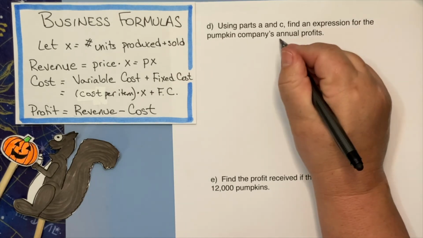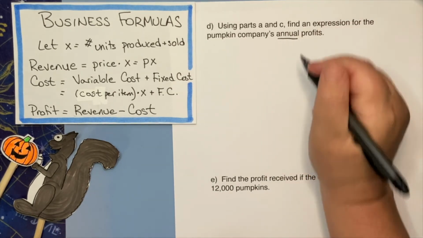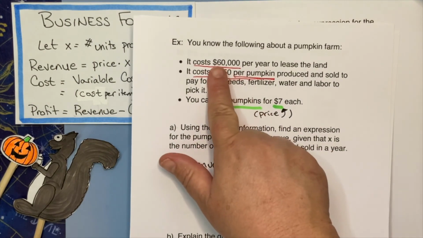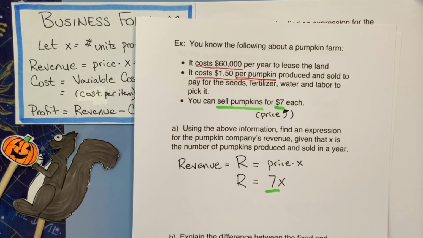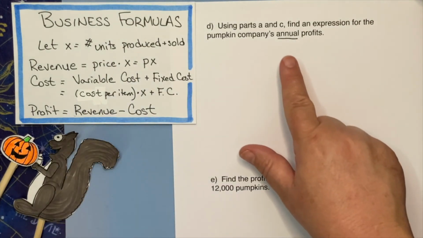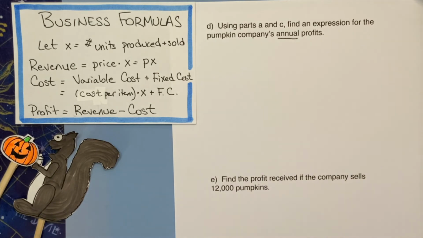Now, sometimes books and math teachers add in extra words. The word annual, what does that refer to? Well, if you come back here, you see that the 60,000 isn't just one time, you bought the land, it's per year. And so I put in the annual profits there because when you're working with pumpkins, you work over many seasons, but it's one year.